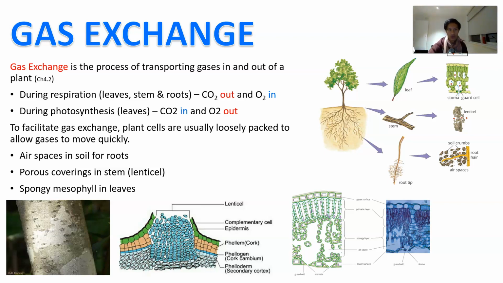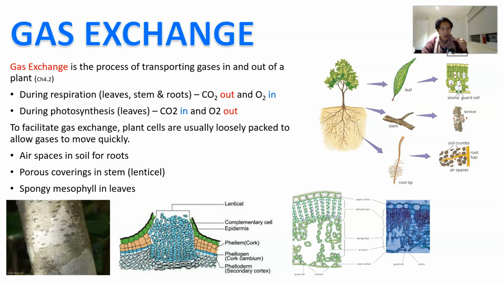Okay, so to do that, there's a few different ways. So the roots, they have a lot of air spaces between them, and so plant roots often grow best where the soil is actually loosely packed, loamy, and usually well drained, allowing water and air to move through into the roots and allow oxygen in particular to go into the roots so that they can respire.